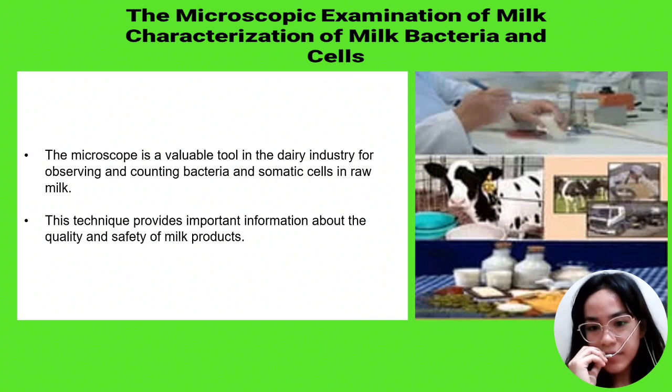It involves using a microscope to observe and count bacteria and somatic cells in raw milk. This analysis provides valuable information about the quality and safety of milk products. By examining milk samples under a microscope, dairy professionals can identify and quantify microorganisms and somatic cells present, which can help assess the milk's overall condition.